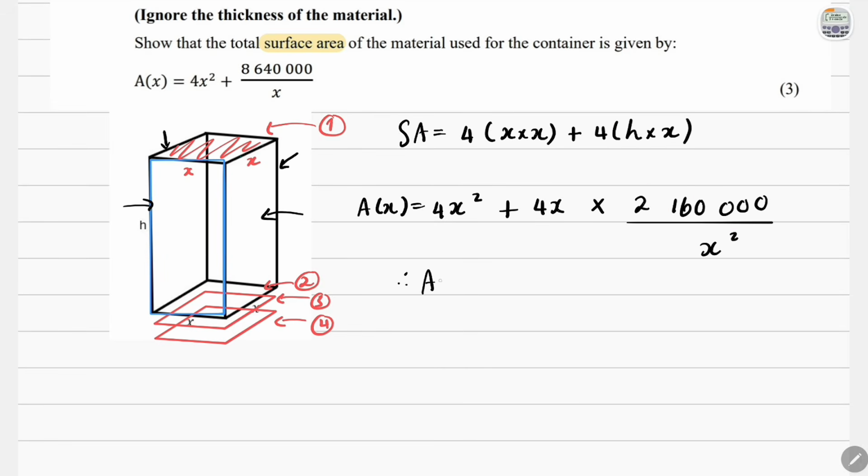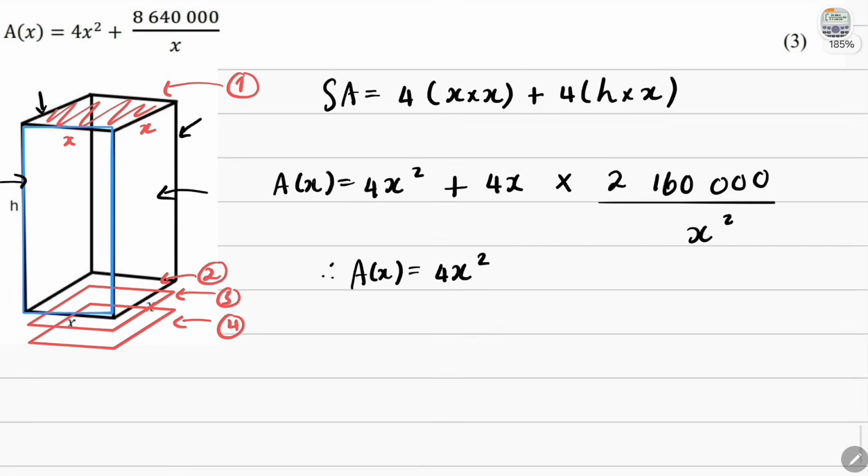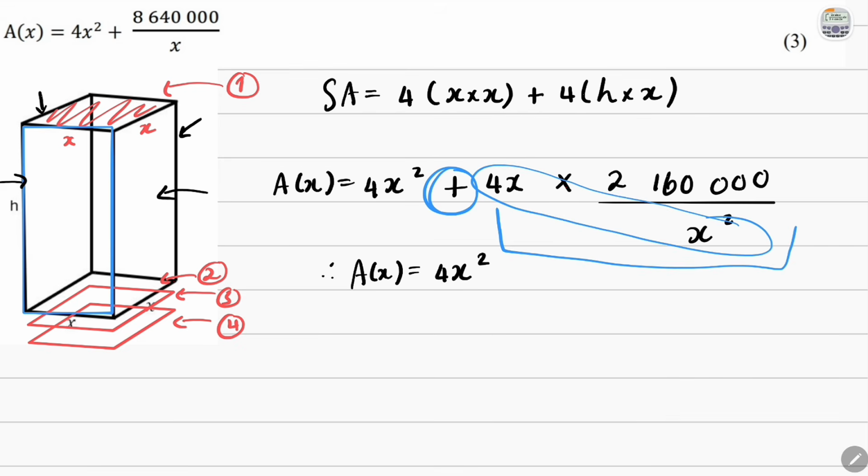So therefore, A of x is equal to 4x squared, plus this term on its own. And so we're multiplying these two values together, meaning diagonally, do you see that we have a common factor of x? So that will cancel, x cancels here, and one of the x's cancels here.